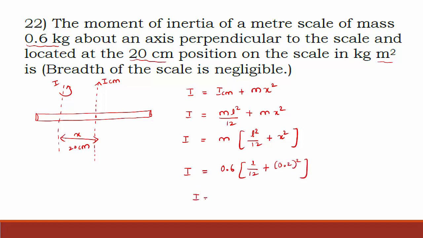So I equal to 0.6 into (1 by 12 plus 0.2 square, which is 0.04). So calculating these values, we will get the final answer I equal to 0.074 kg meter square. This is the moment of inertia of a meter scale.